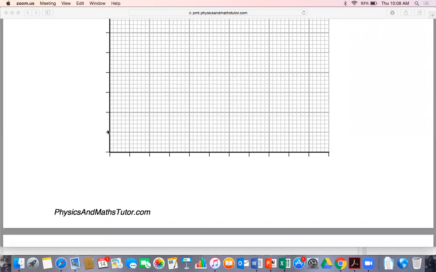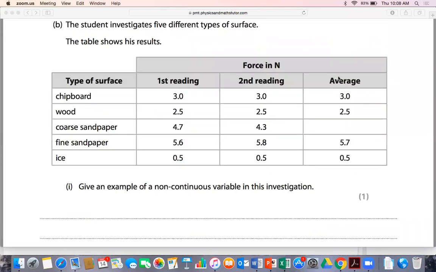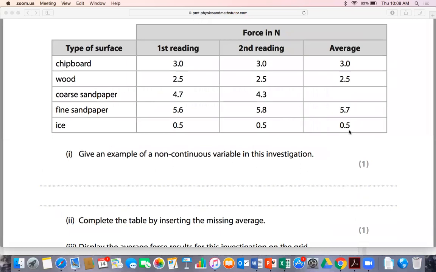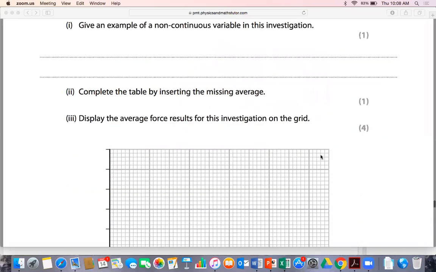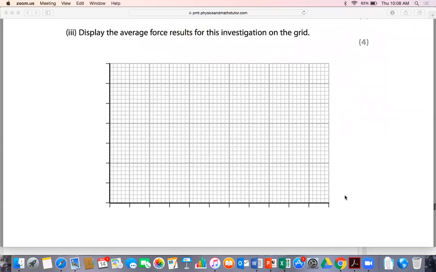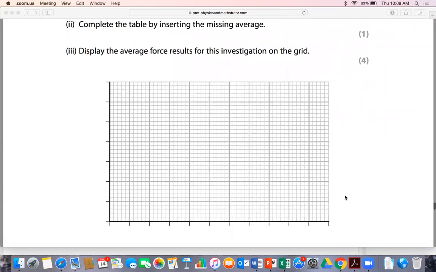You label your y-axis: you want to draw the average. So your x-axis is the type of surface. The y-axis is the average. It's going from 0.5 to 4.5, so you estimate. Maybe you can do 1, 2, 3, 4, 5, 6, and then draw the bar graph accordingly. Okay, come draw.